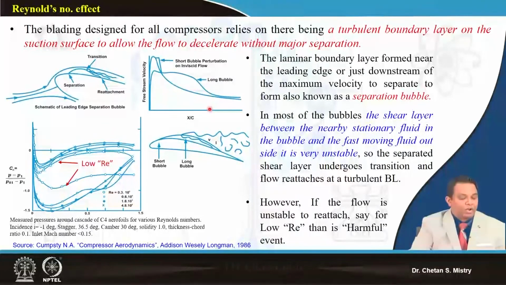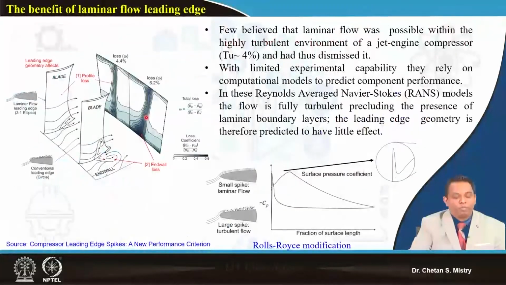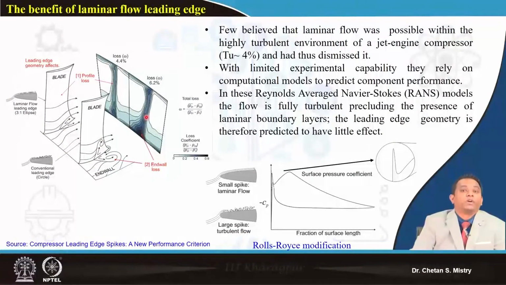Now here, this is one of the works reported by the University of Cambridge, and they worked on this for Rolls-Royce. Here you can see these are the blades. We have understood that near the hub region or the end wall region, we will have the formation of secondary flow, which is defined as end wall losses.